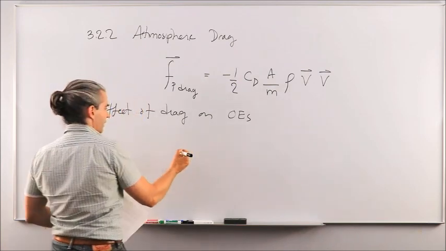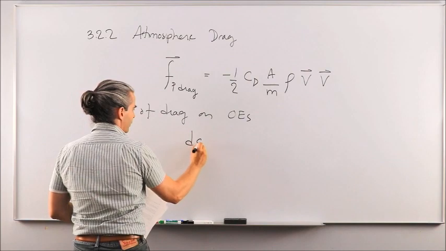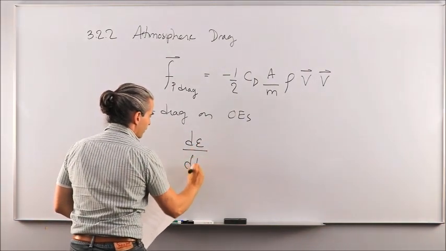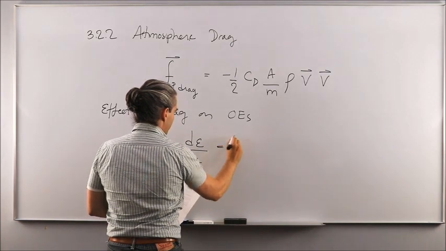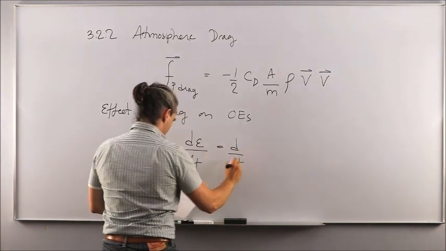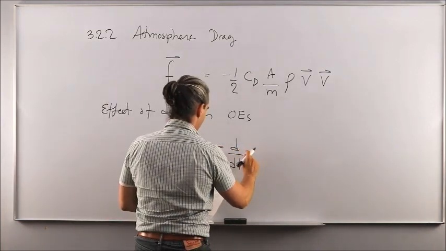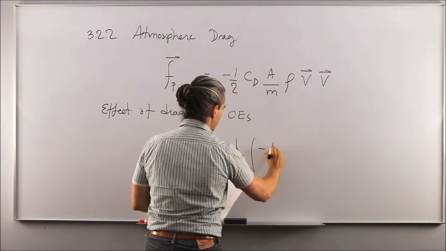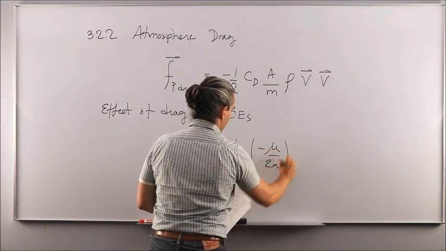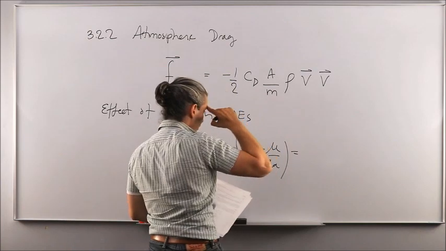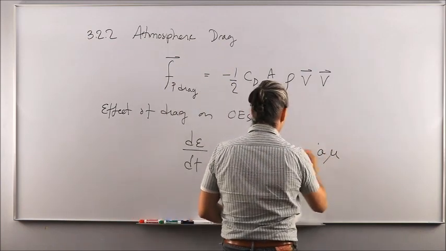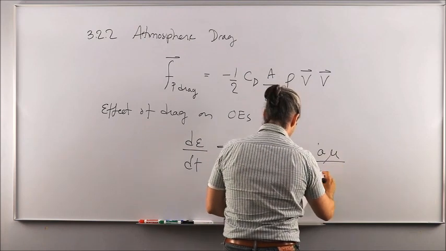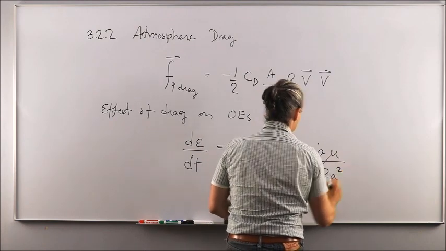So to do the work here, we're going to begin by taking the derivative of the specific orbital energy, the E dot, and specifically using the expression for energy that we had, which was minus mu over 2a, such that the derivative would give us a dot mu over 2a squared.